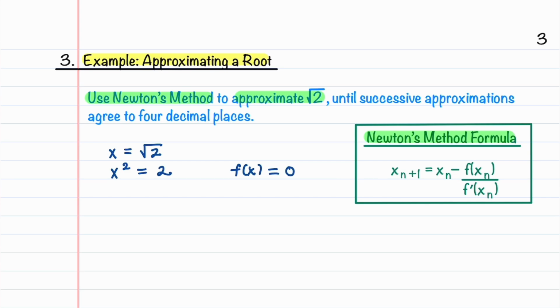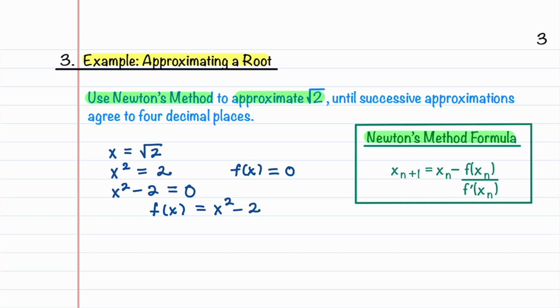So we have to get our equation in the same format. So we're going to subtract 2 from both sides, and we get x squared minus 2 is equal to 0. So we can say that f of x is equal to x squared minus 2.